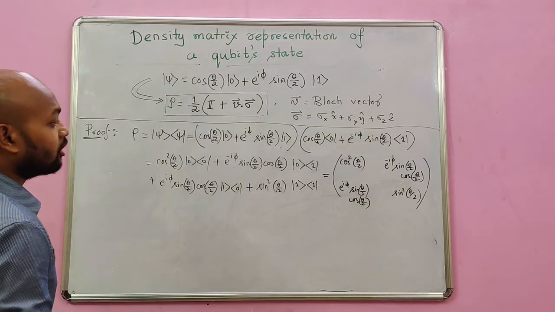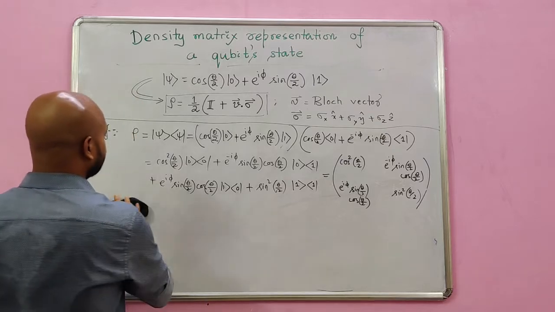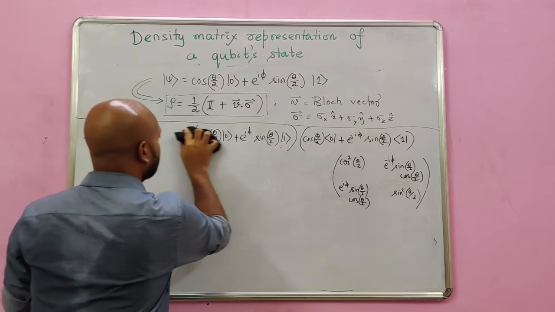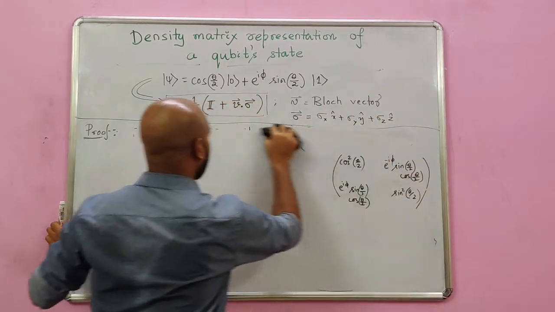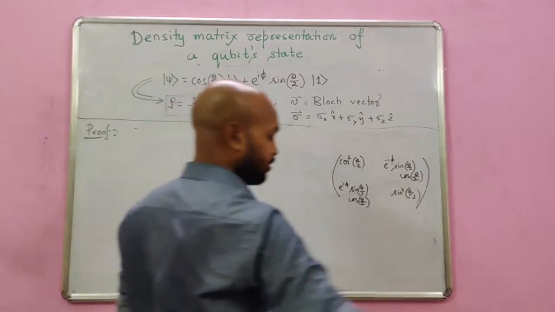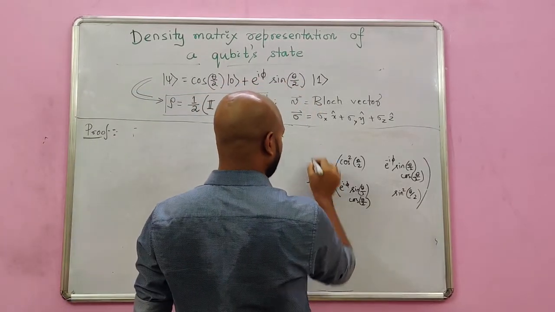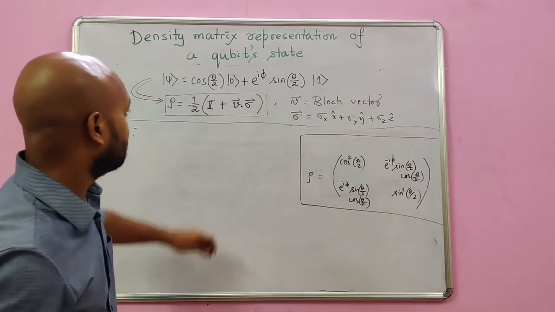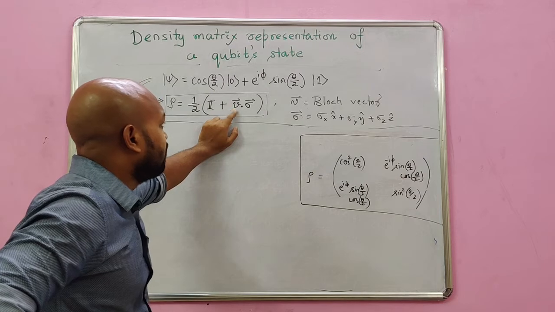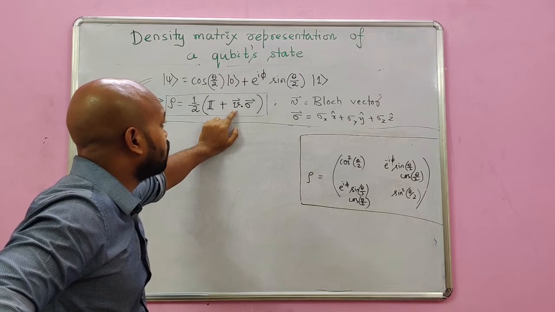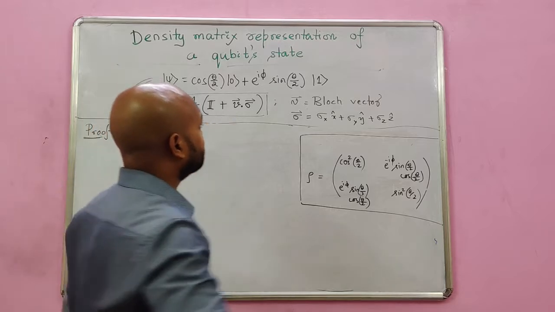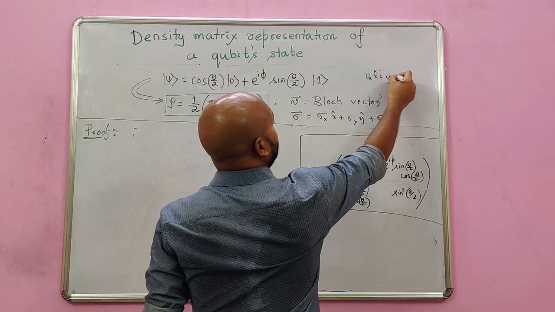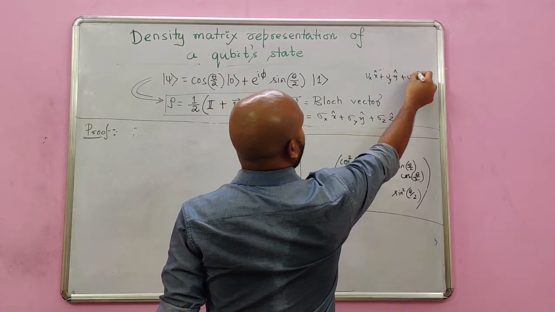So we have got our rho matrix. Let me erase the intermediate steps. So this is our rho. To arrive at V, I must first convert it to Vx x-cap plus Vy y-cap plus Vz z-cap.